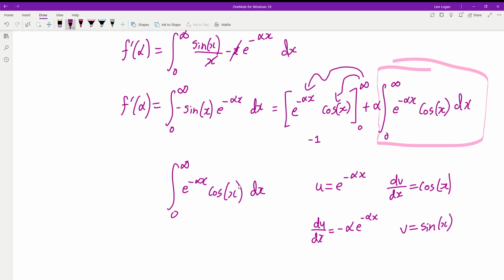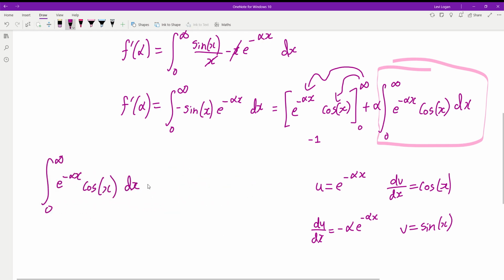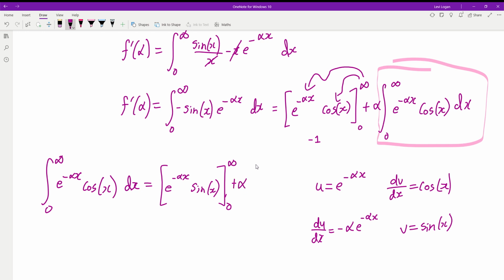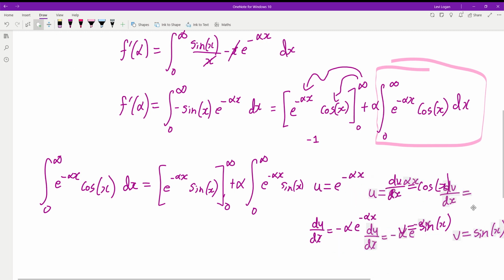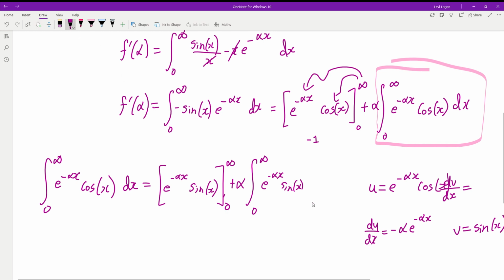So therefore, if I'm writing this one out, I'm going to move this to the side real quick. This is going to be equal to square brackets e to the negative alpha x sine x from 0 to infinity minus, now we've got a minus here, so we can turn that to a plus alpha, the integral from 0 to infinity of e to the negative alpha x sine x dx.